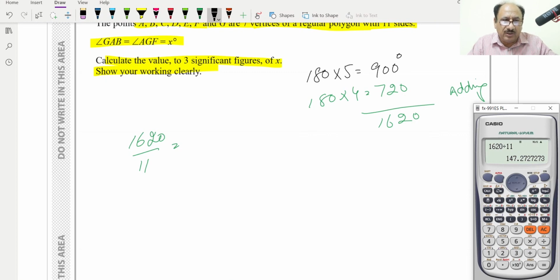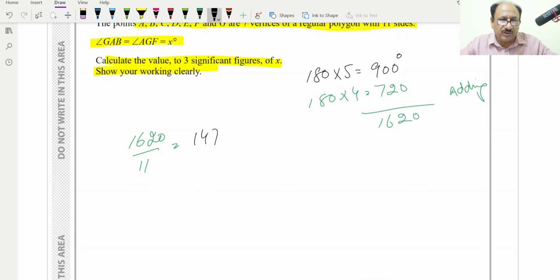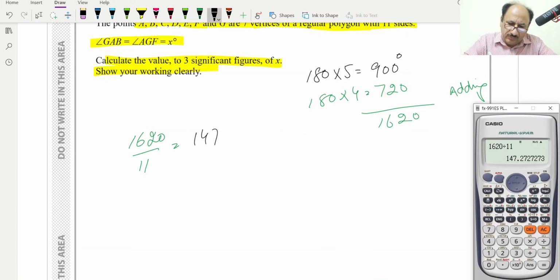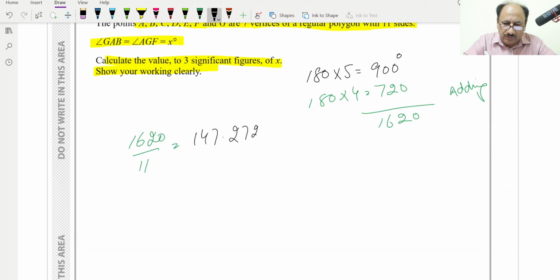1620 divided by 11 is equal to 147, so we can take it as 147.27, I will write. And now we can find this one angle also.